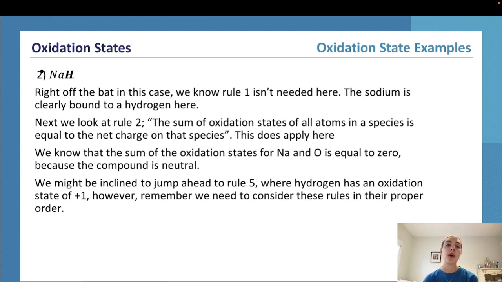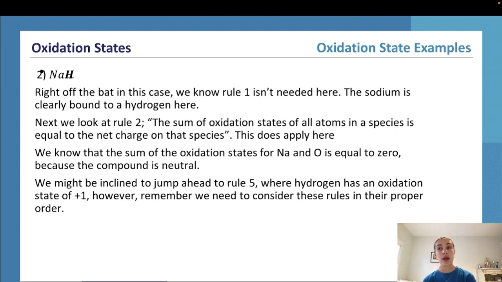So if we have +1, we have to do +1 with what is going to give us 0. So hydrogen is going to have to be -1. So we'd have +1 for the sodium and -1 for the hydrogen as the oxidation states.